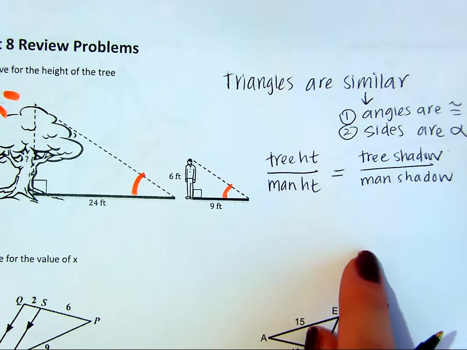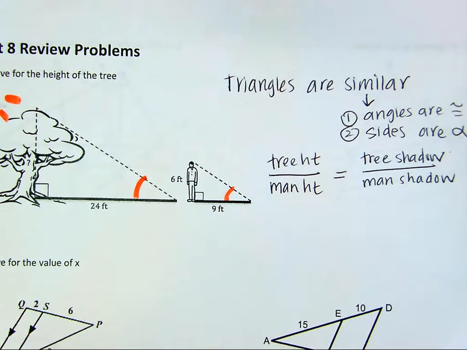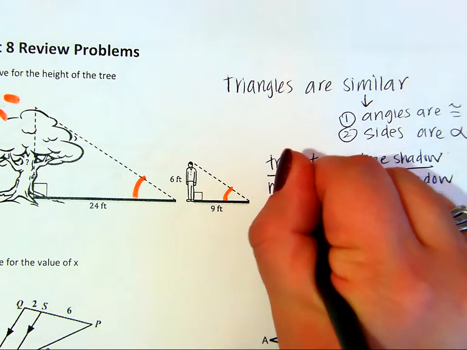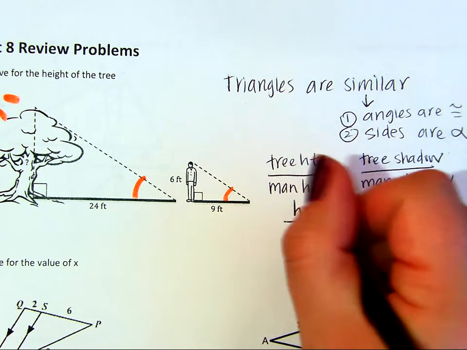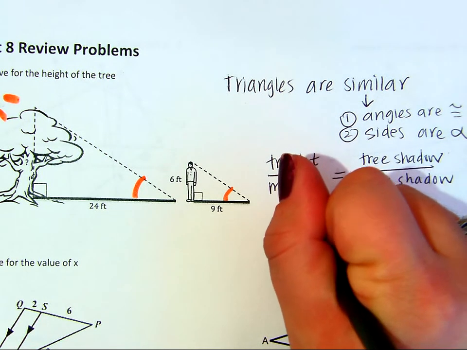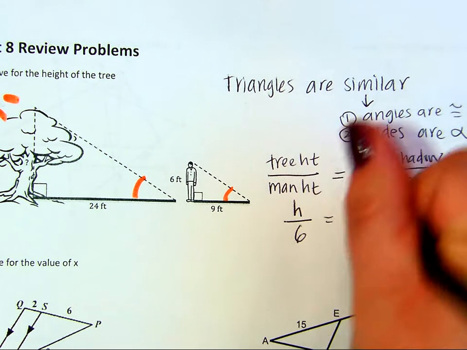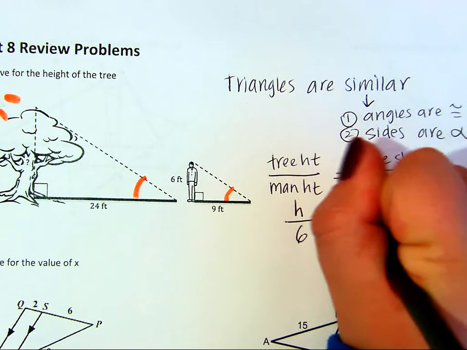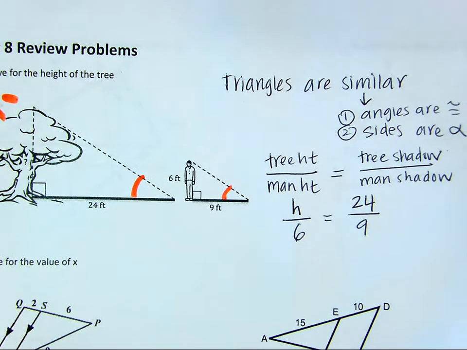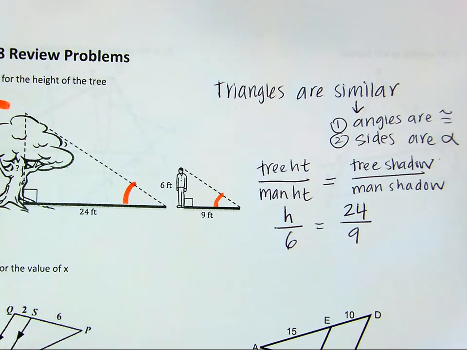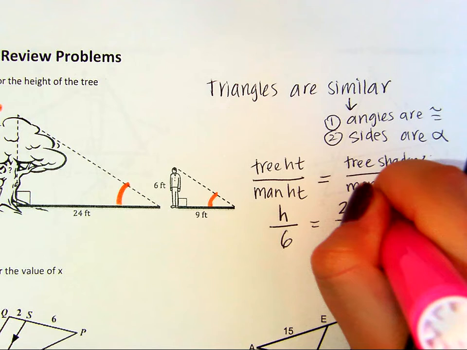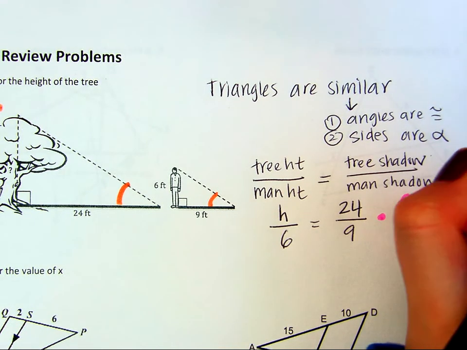So once I have this proportion set up, then I can solve for the height of the tree. So I'll use h for height. Height that I don't know divided by the man's height equals the tree shadow divided by the man's shadow. Now, in order to solve, I can multiply by my two denominators to get rid of the fractions.